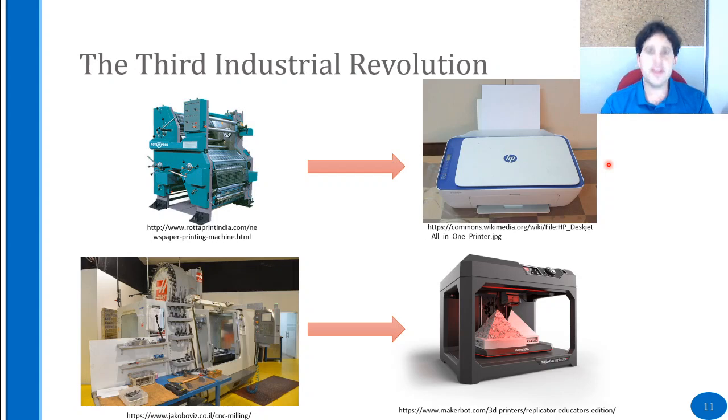And the same thing is happening now with physical objects being manufactured. Up until now, everything manufactured around the world was produced by the people that had access to factories, to huge manufacturing machines or milling machines. And now we see this trend where we have more desktop factories, more desktop 3D printers that everybody can use.